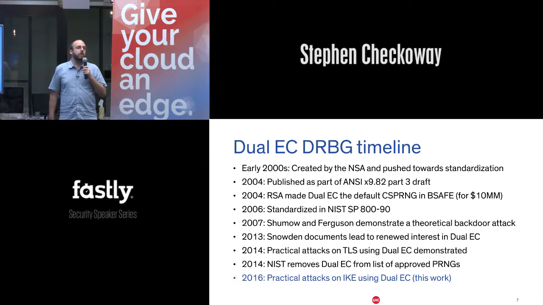The following year, some Microsoft researchers, Dan Shumow and Ferguson, demonstrated that there was a theoretical backdoor in this random number generator. But nobody really paid all that much attention to it, since it turns out that this random number generator is really slow, and SP 800-90 has 3 other pseudorandom number generators that are orders of magnitude faster. So why would anybody ever use this?